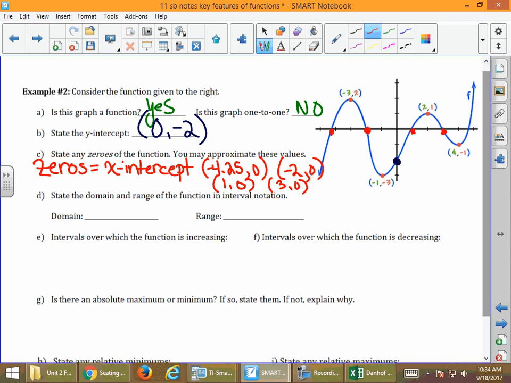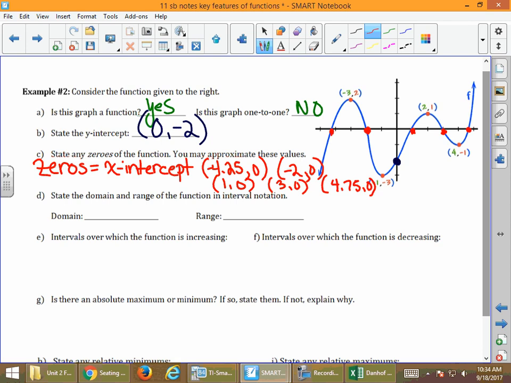And there's one more. 1, 2, 3, 4, I said (4.75, 0). Now you might have a little bit different interpretation, but you want to be close. I would not say that that last x-intercept is (5, 0) though. It's something less than 5.